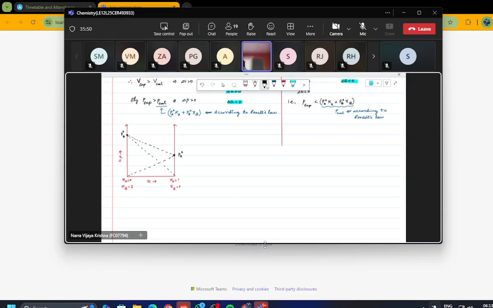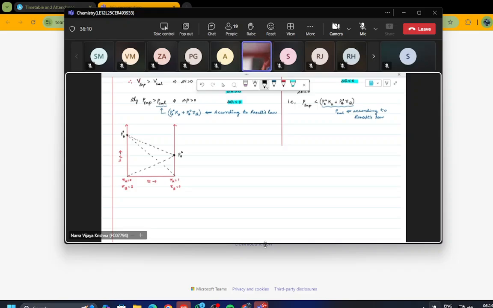This line indicates P of solution. This line indicates PA. This line indicates PB. This line indicates PA plus PB, that is nothing but equal to P of solution.